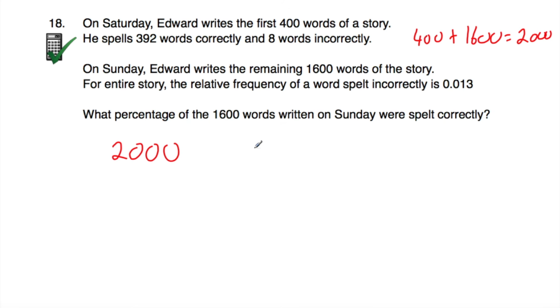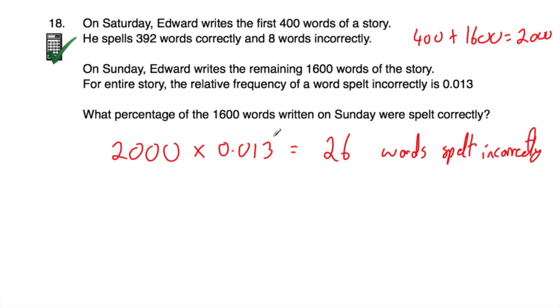So there's 2,000 words in his story, and if we multiply that by 0.013, the relative frequency of a spelling mistake, if we times that by the number of trials, how many words he's written, that'll tell us how many successes, in other words, how many spelling mistakes it'd be. So 0.013 times 2,000 is equal to 26. So he spelled 26 words incorrectly. So 26 words spelt incorrectly.